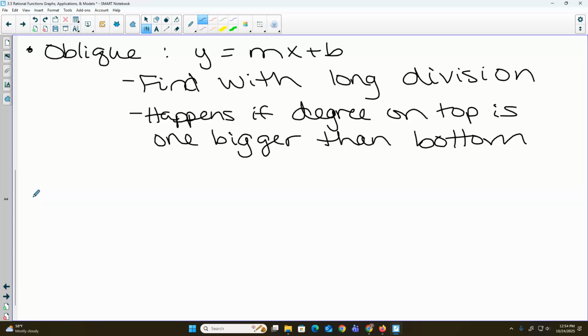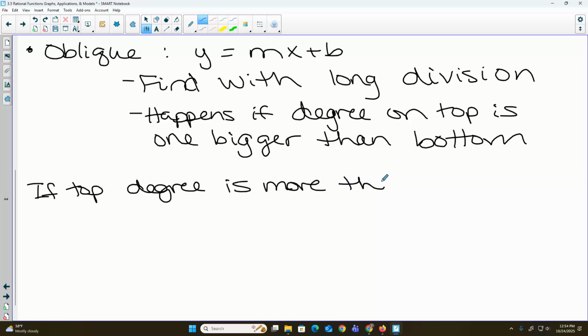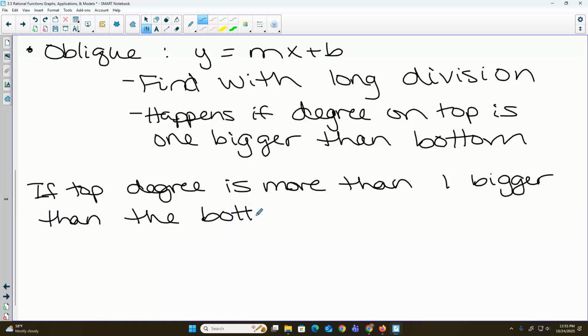But if I said x to the third over x, when you divide them, what are you going to get? X squared. Is that a line? No. So if the top degree is more than 1 bigger than the bottom, there will be no horizontal asymptote or oblique asymptote.